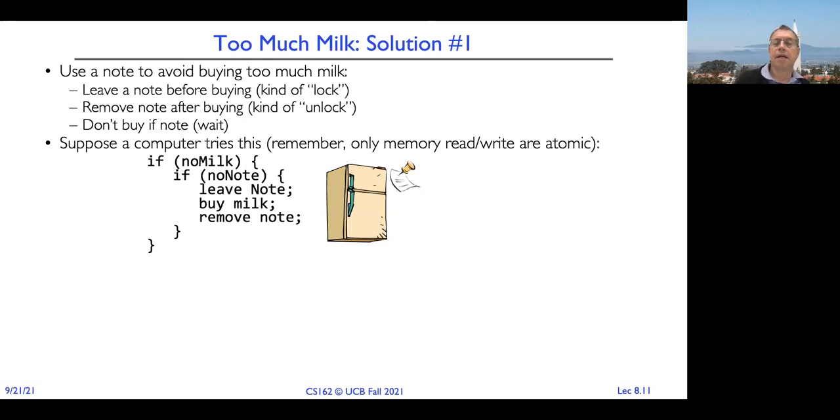So let's say we have 2 kinds of notes. And then what is the code? One possible solution is: if there is no milk, and there is no note, we assume here that a note indicates that someone else is going to buy the milk. Then you leave a note, and you yourself go to buy the milk, and when you come back, you remove the note, right? Simple enough.